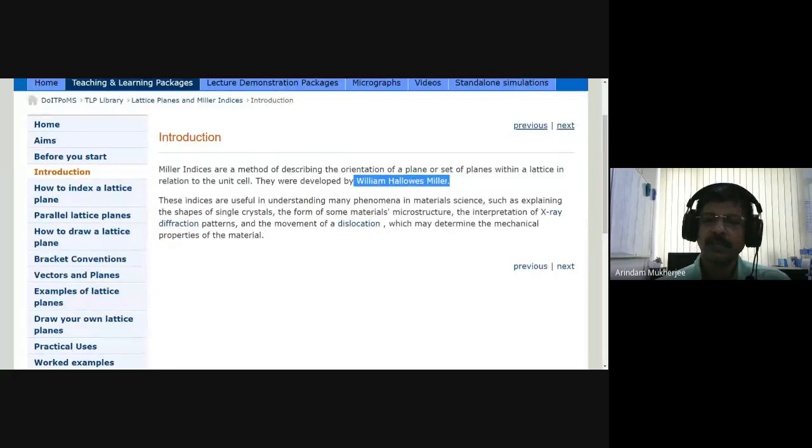They use this to calculate the diffraction pattern from X-rays. That gives you an idea about the crystal lattice, if there is twinning in the crystal, if there is dislocation. Powder XRD, single crystal XRD, all these can give you this idea.